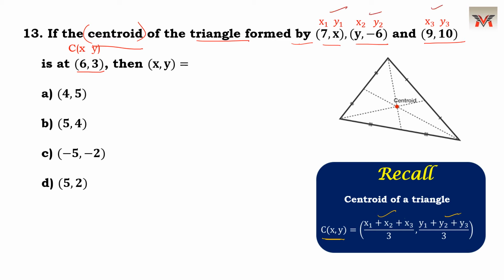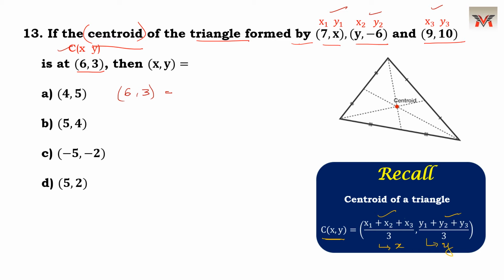Now we have (x, y) as (6, 3). Observe that (6, 3) is the x coordinate and y coordinate. As I told you in the previous problems, when we apply the midpoint formula or other formulas, this gives you x and this gives you y. It is the same way here also.